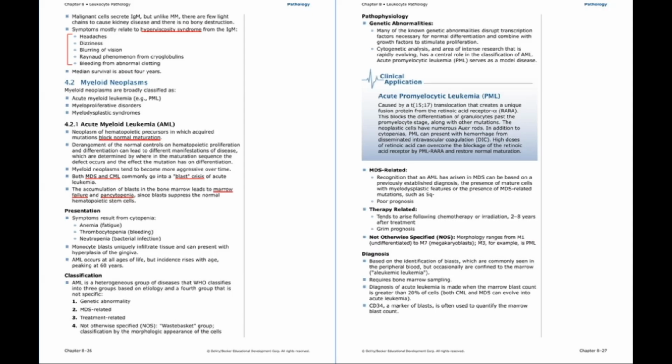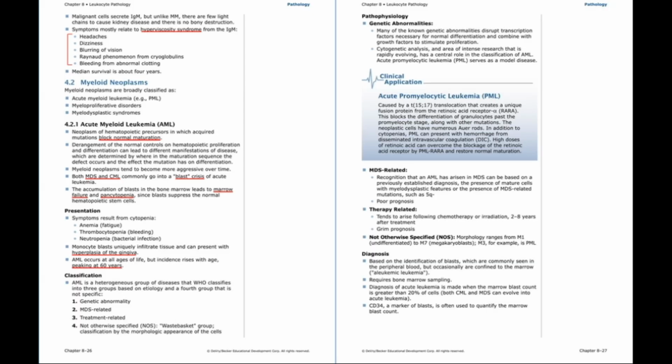Decreases in neutrophils, neutropenia, presents with bacterial infection and its hallmark, fever. Monocyte blasts distinctively infiltrate tissues and often can present as hyperplasia of the gingiva. AML occurs at all ages of life, but the incidence rises with age, peaking about age 60.